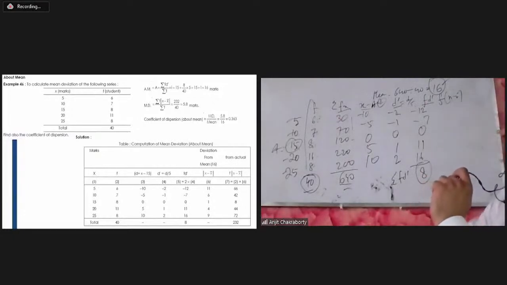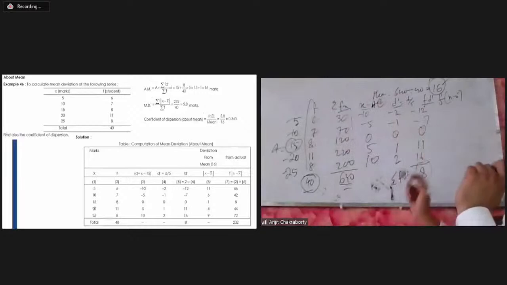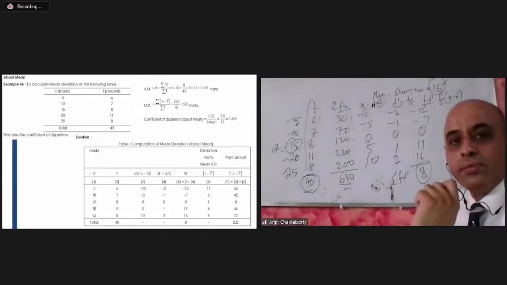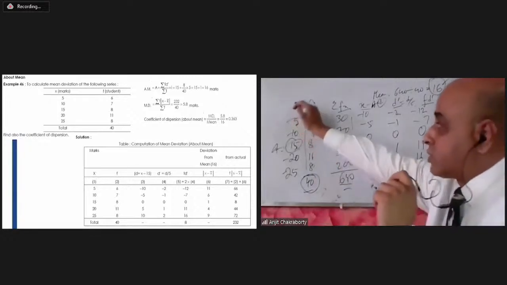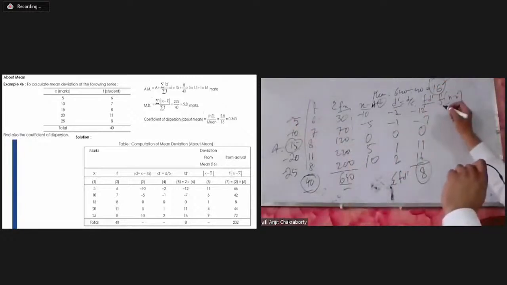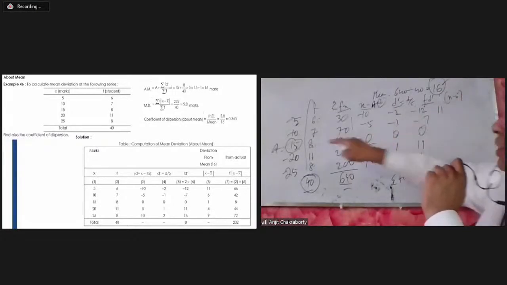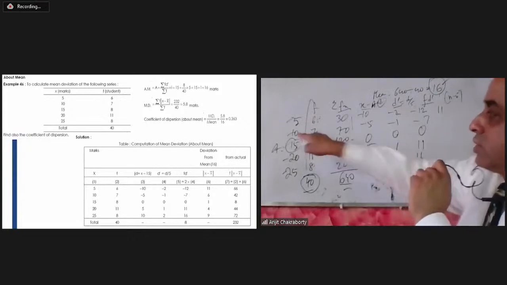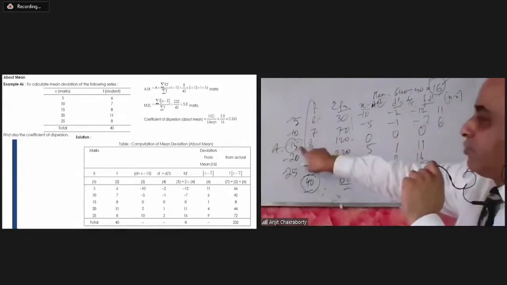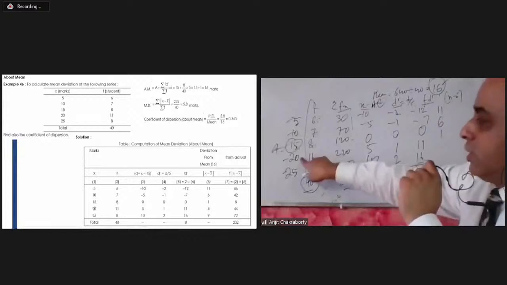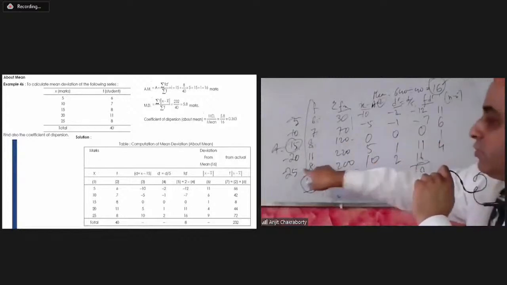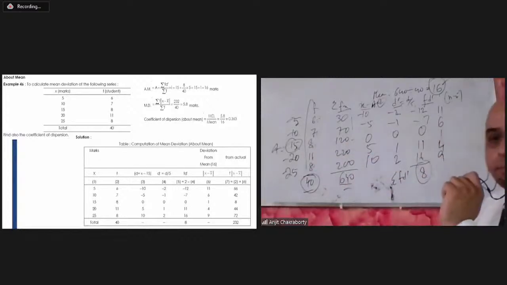First observation is 5 and 16, so it is coming to 11. Next we have 10, mean is 16, so the difference is 6. 15 and 16 difference is 1. 20 and 16 difference is 4. And 25 and 16 difference is 9.